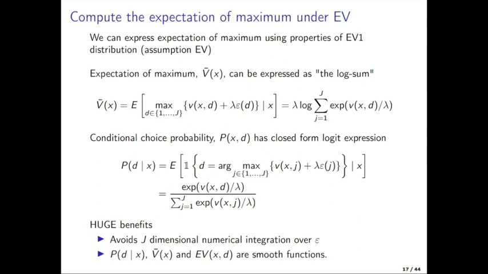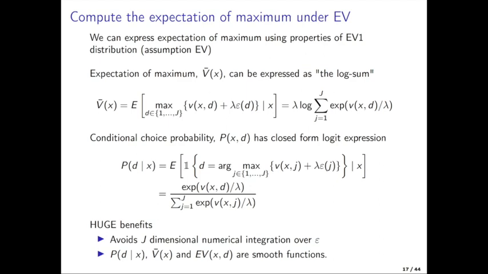Now, the last thing is, and this is the benefit of the extreme value assumption, assuming that the epsilons are extreme value type 1, we can express the expectation of the maximum using the properties of that distribution, and that actually leads to closed form expectations of maxes.